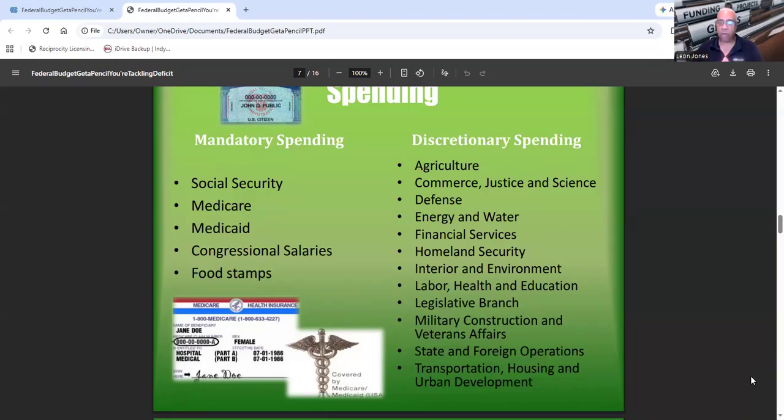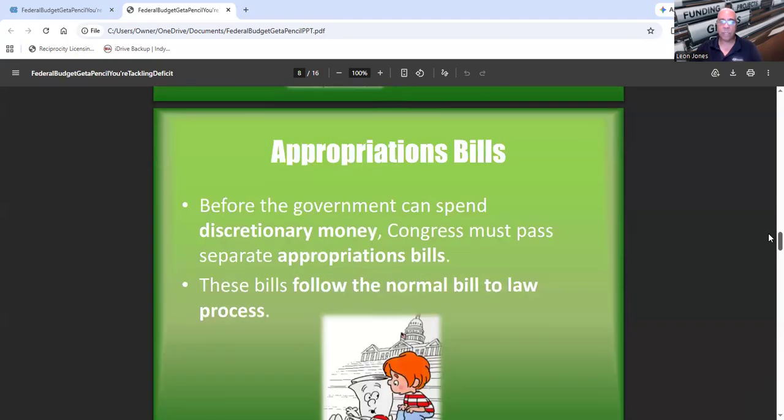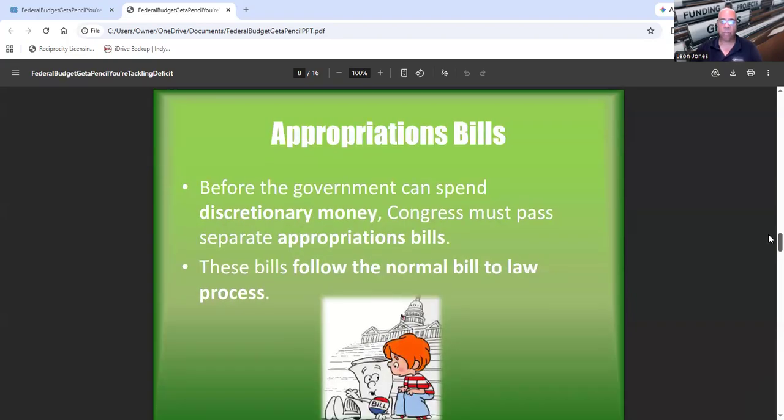Then you have your military construction and VA Veterans Affairs, your state and foreign operations, and your transportation, housing, and urban development, your Department of Transportation, and of course, HUD. Now, your appropriations bills. Before the government can spend discretionary money, Congress must pass separate appropriations bills. These bills follow the normal bill to law process.